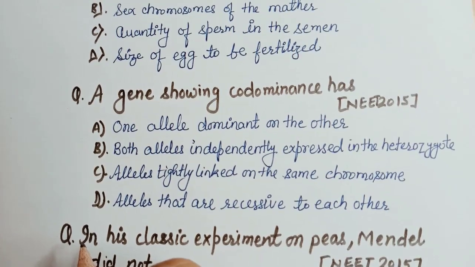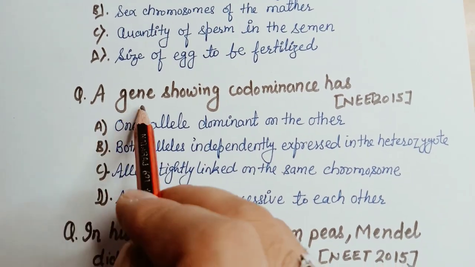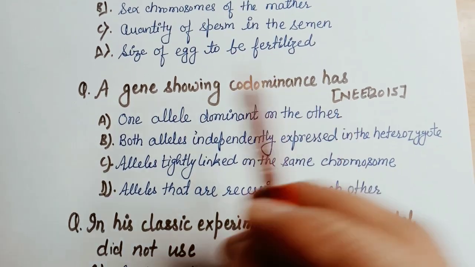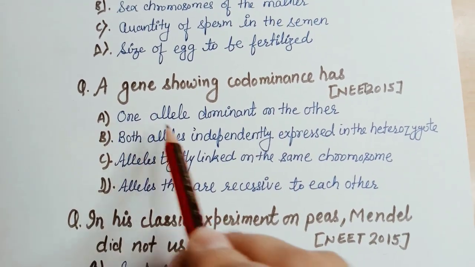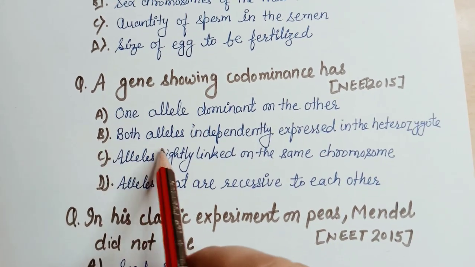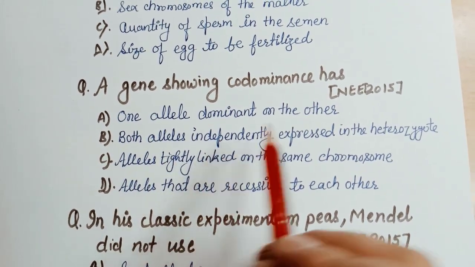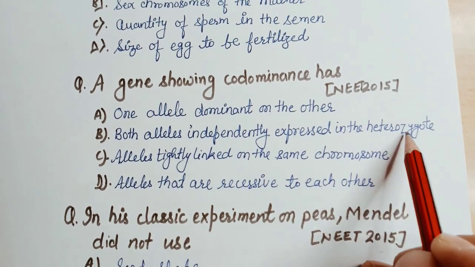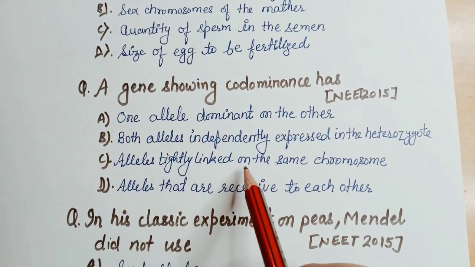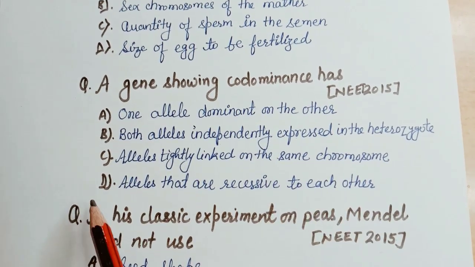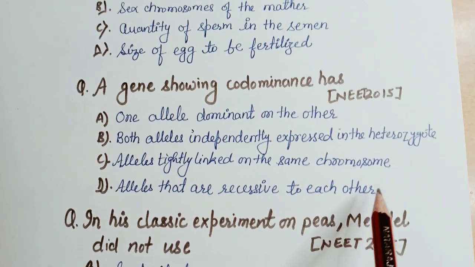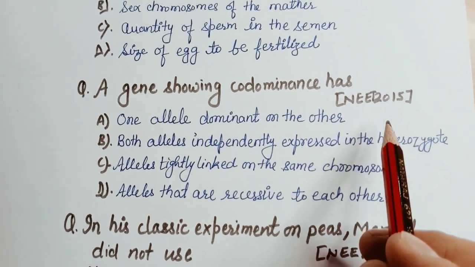Next question is, a gene showing codominance has option A. One allele dominant on the other, B. Both alleles independently expressed in the heterozygote, C. Alleles tightly linked on the same chromosome, D. Alleles that are recessive to each other. नीट 2015 में ये क्वेश्चन पूछा गया था.